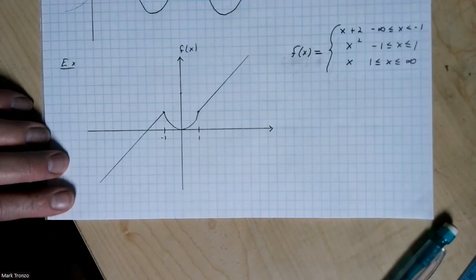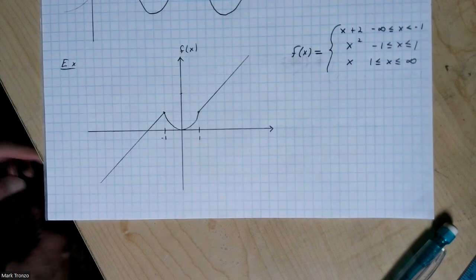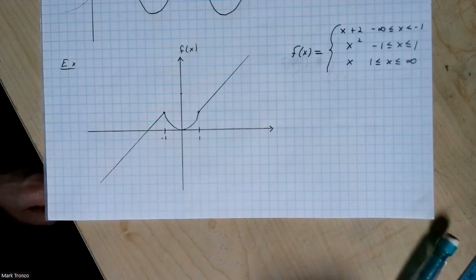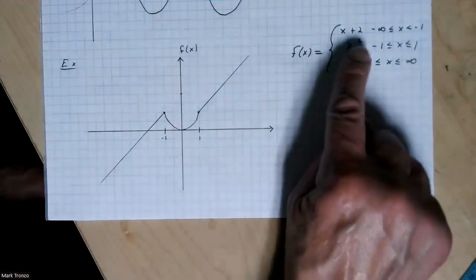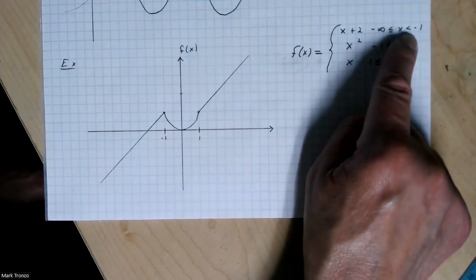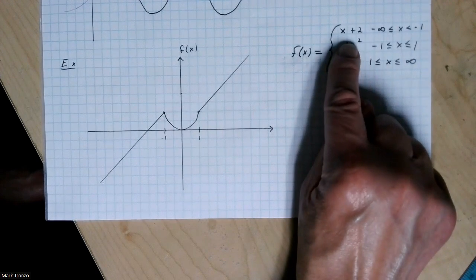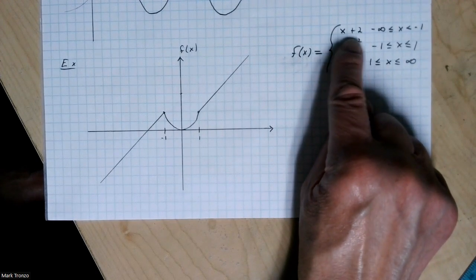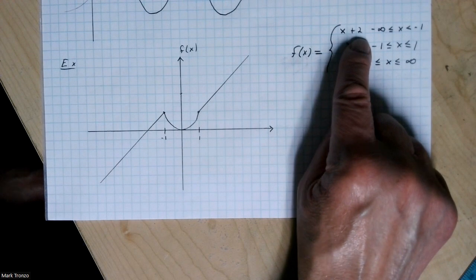And let's take a look at one more fancier example here. Let's say we look at this piecewise function. From negative infinity to -1, it's the line y equals x plus 2.